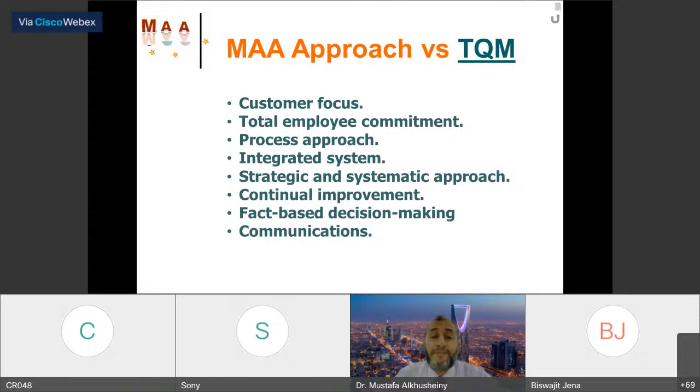In my approach, these parameters or features are covered and controlled by some of the activities. So my approach is the best, most accurate, and most comprehensive method related to total quality management.